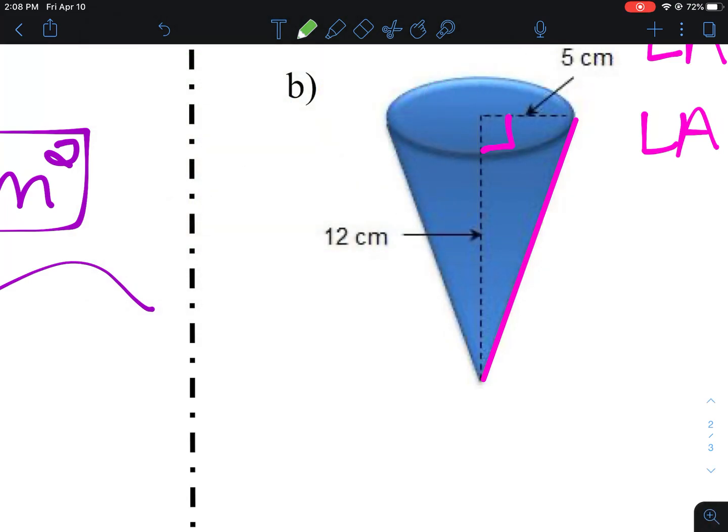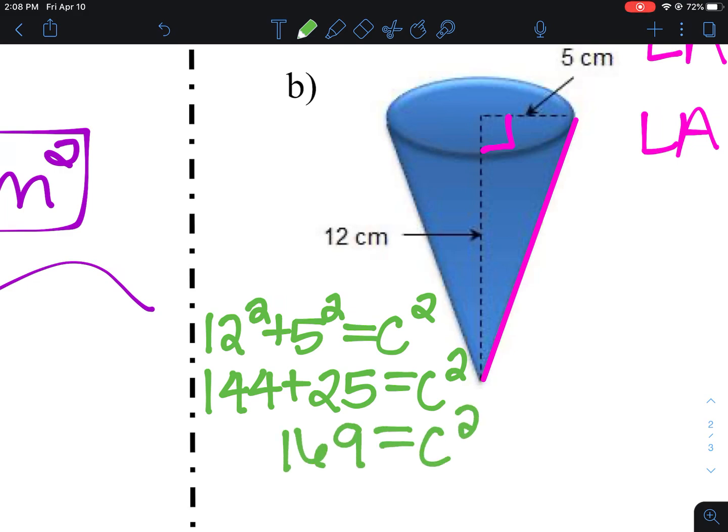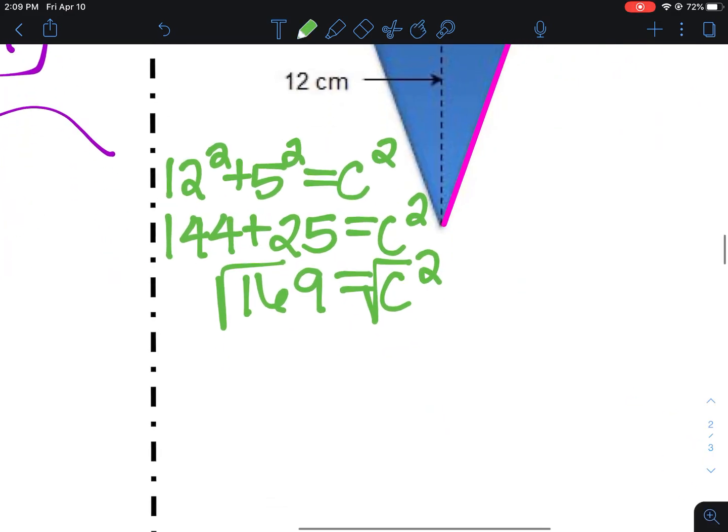So we would have the two legs are 12 squared and 5 squared, and what we're looking for is the hypotenuse, so just leave that be C. So this is 144 plus 25. So that is 169. Take the square root of both sides. So C would equal 13.